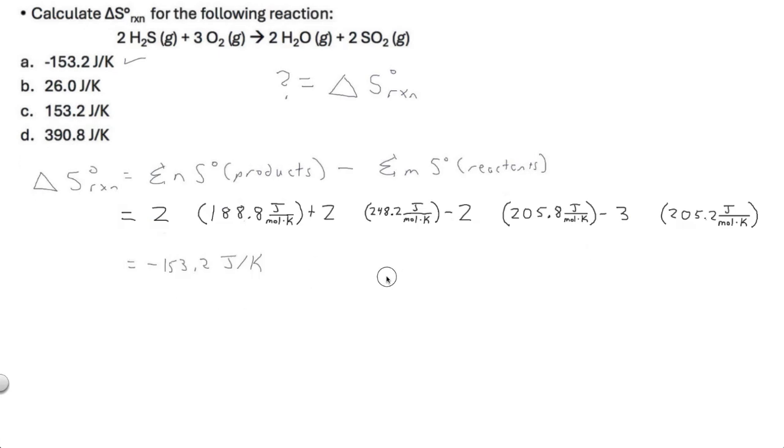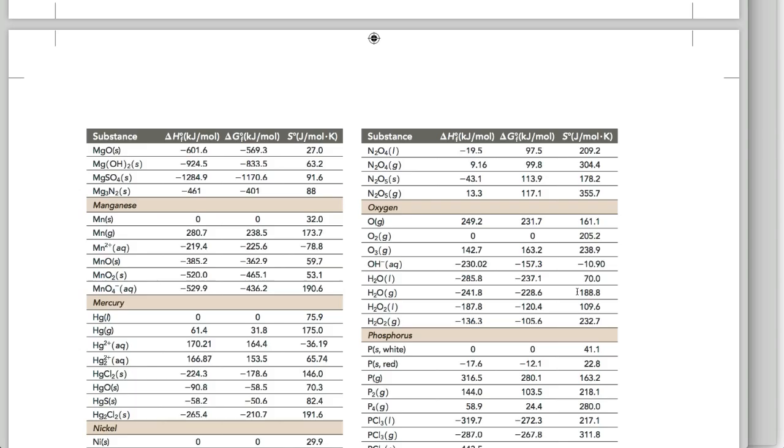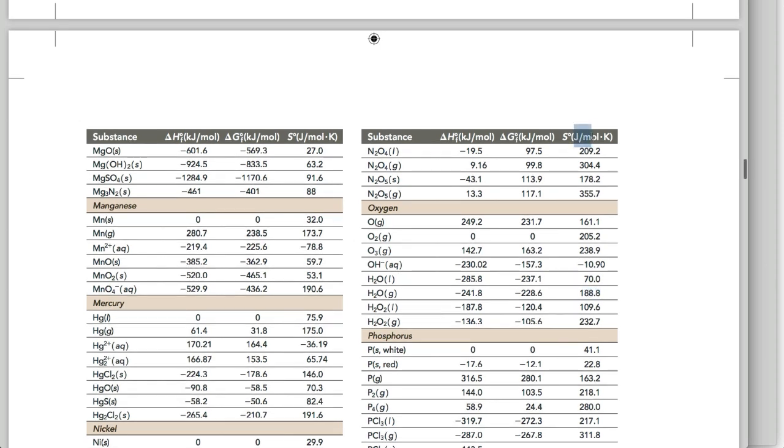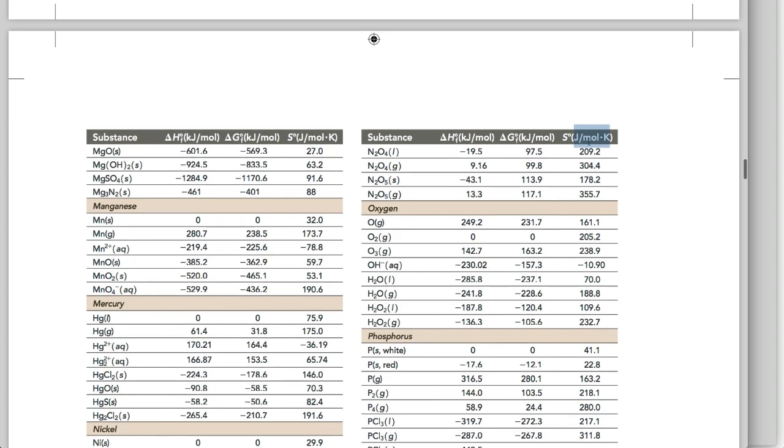Now, here's something that you might have been wondering about. You might have noticed that the units for each of these entropy levels is joules per mole per Kelvin. Those numbers come from this table, and you can see that the units for this column in this table are joules per mole per Kelvin.